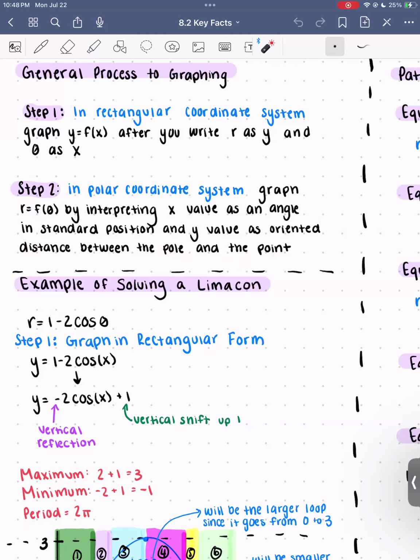Remember, with our oriented distances, we want them to be positive. And if we ever have a negative oriented distance, remember, that's when we have to go opposite of the angle. We'll show that more in the example.